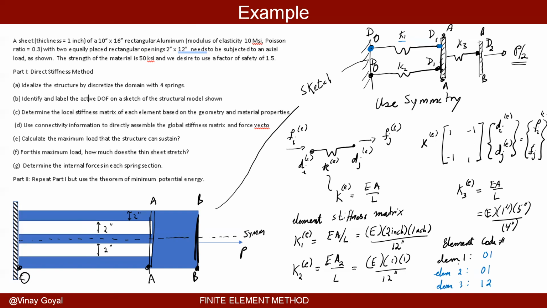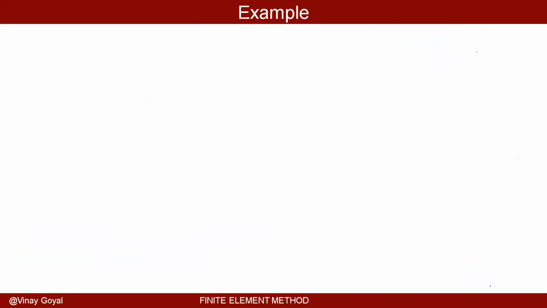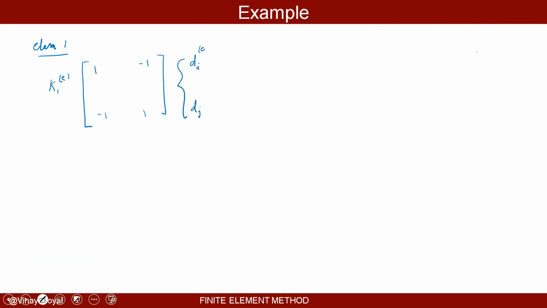Okay. Now we're going to proceed to construct the global stiffness matrix. The global stiffness matrix is a matrix of the size of the active nodes. So if we have only 2 active nodes, it means that the size of the matrix should be 2 by 2, right?